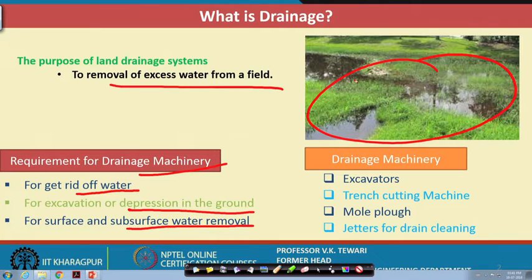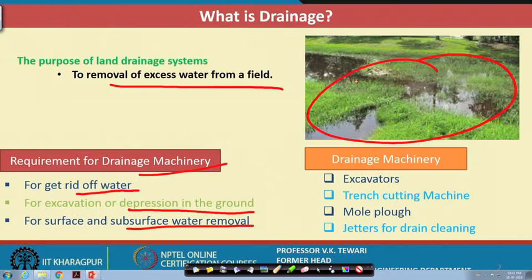This is one example, but there could be locations where a large area is inundated like this, where we would like the water removed. Supposing we are talking of a certain crop and so much water has come up, we would like to drain that. So, what are the machinery?